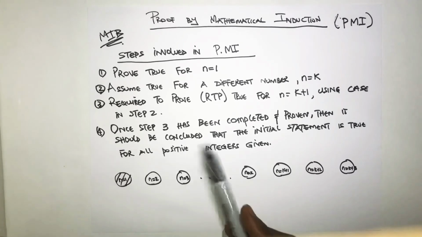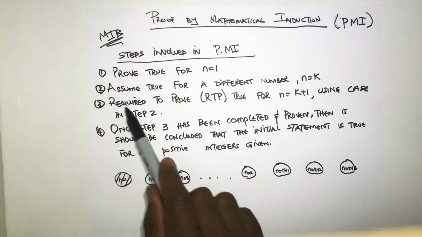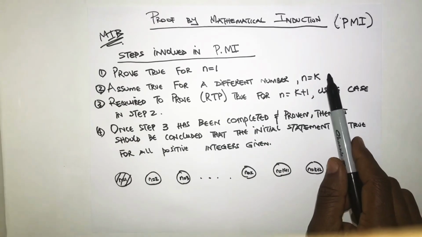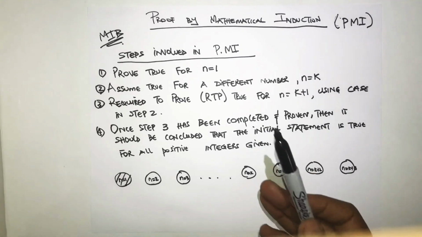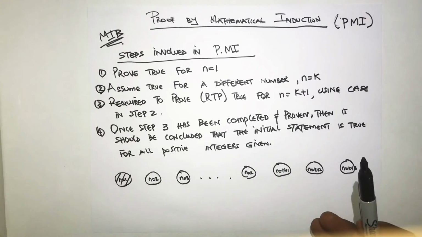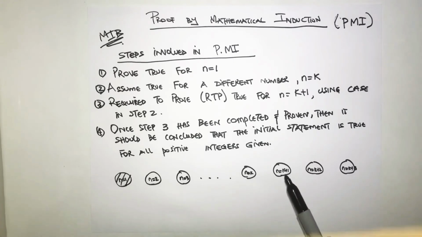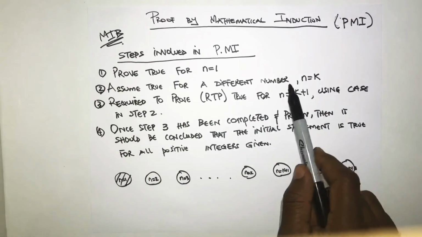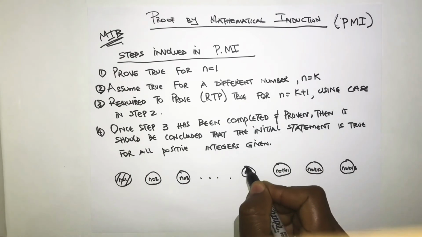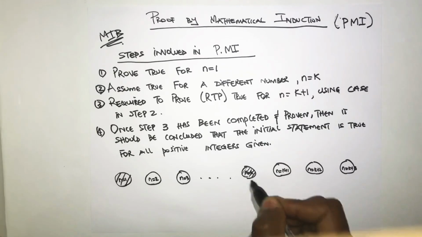Then moving on to step 2, we are assuming true for a different number k. So we are basically saying that suppose the kth domino falling hits down the k plus 1 domino. Because we already assumed true for n equals k, this is now proven true because it was assumed true.